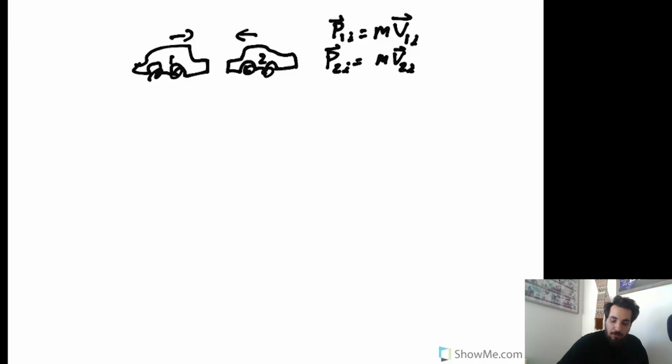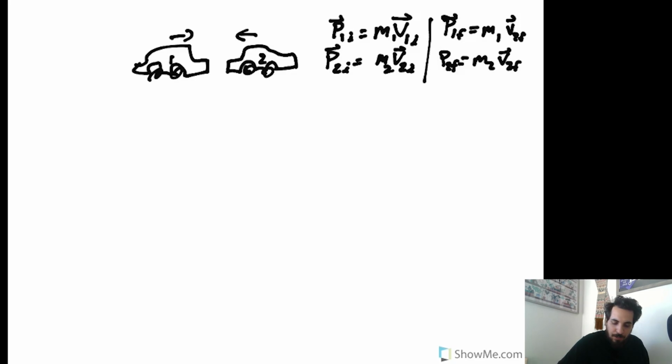So we can likewise map out some final momentum, P1 final. The final momentum of car 1 is going to be mass of car 1 times v1 final. Again, vector, so I'll include vector arrows. And then we have P2 final equals m2 v2 final.